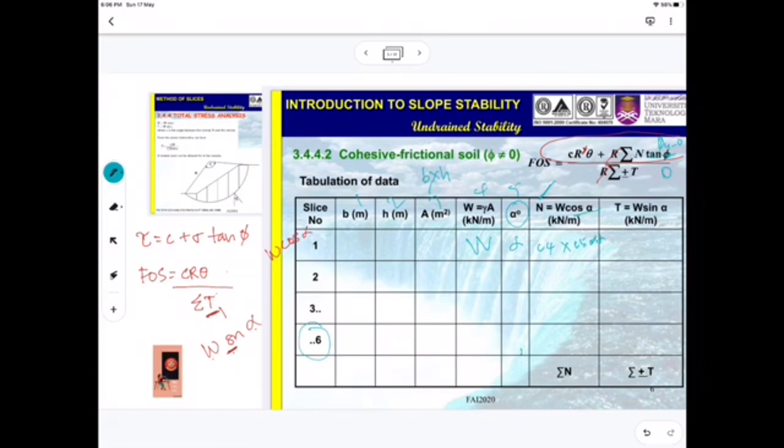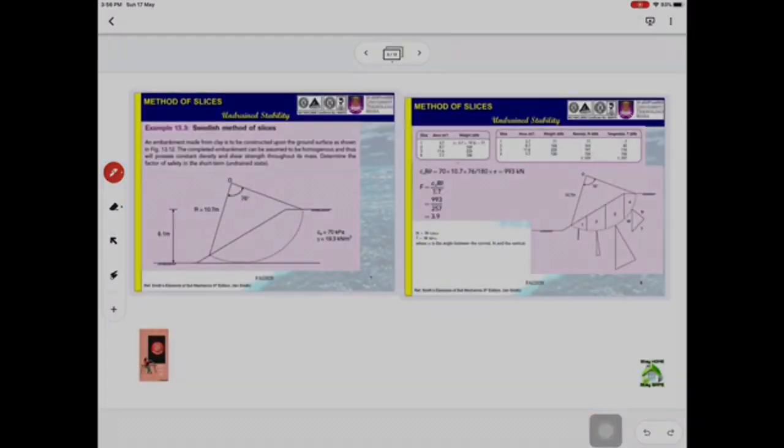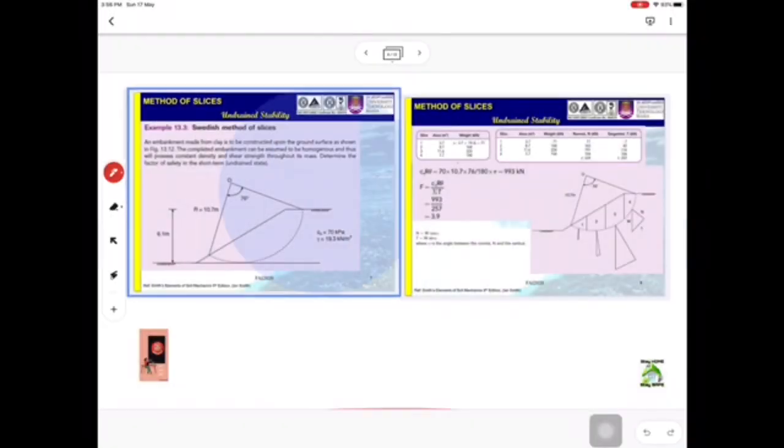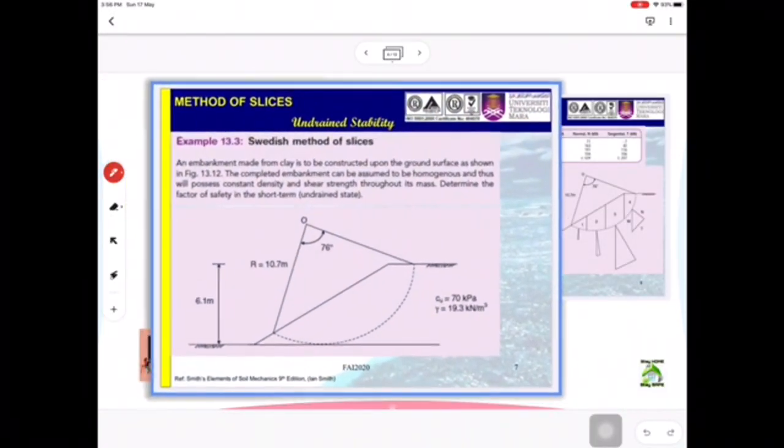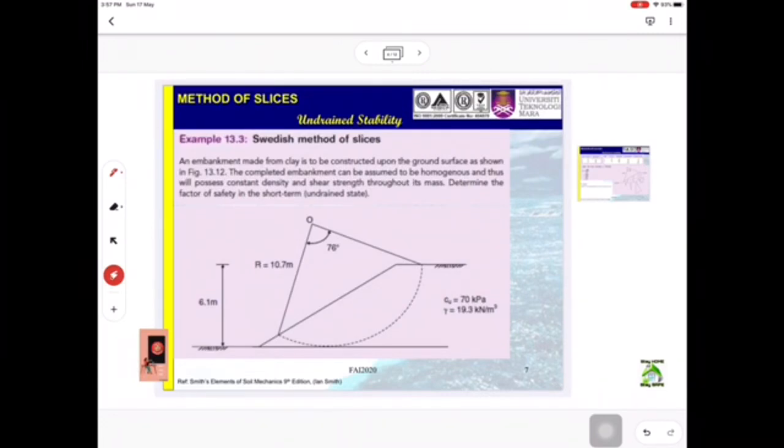Okay, next, hopefully you are clear on this method. Next one, example of Swedish method of slices. Okay, the example is from Smith's Elements of Soil Mechanics, 9th edition. So this is the question. This is the height of the slope, this is the radius.